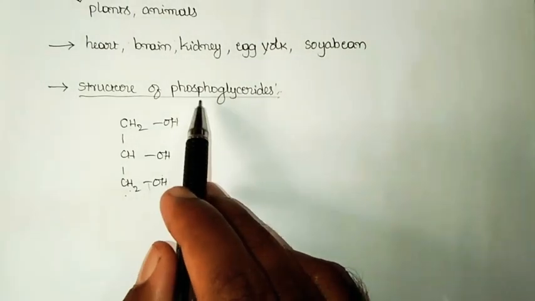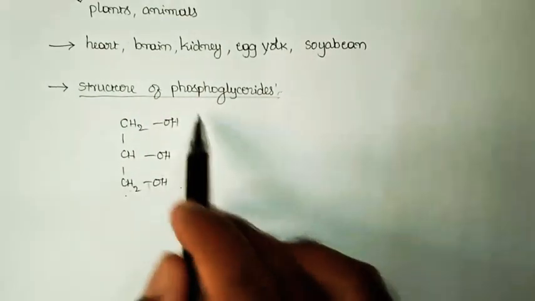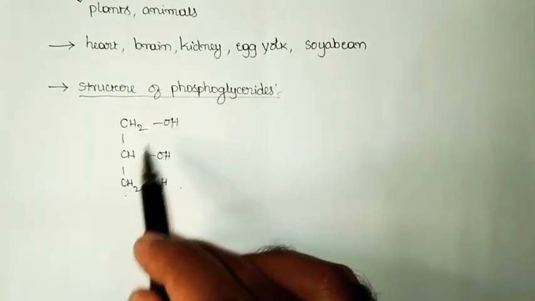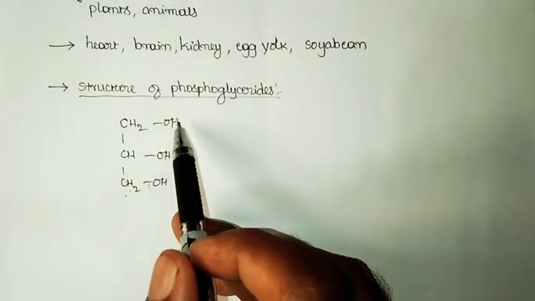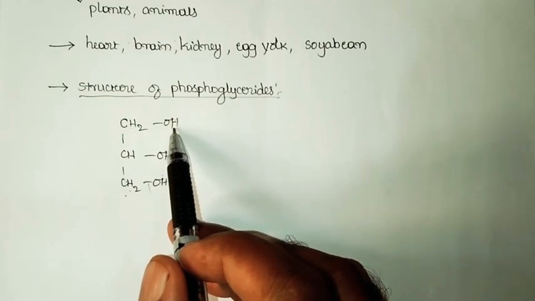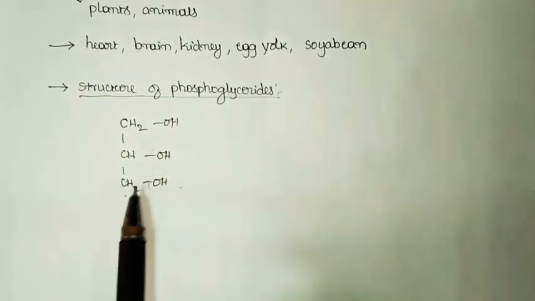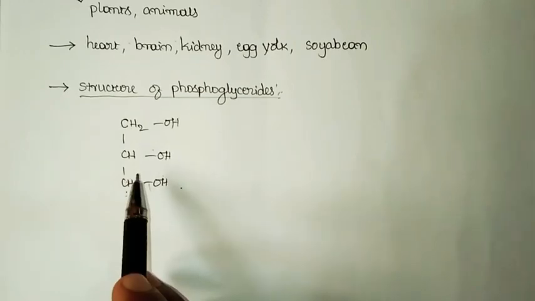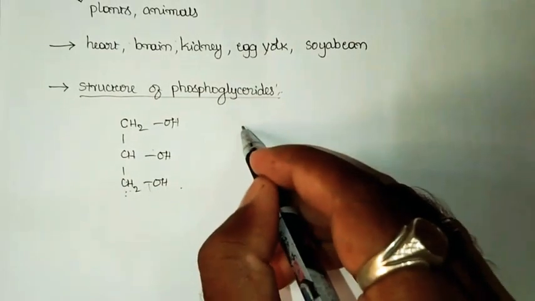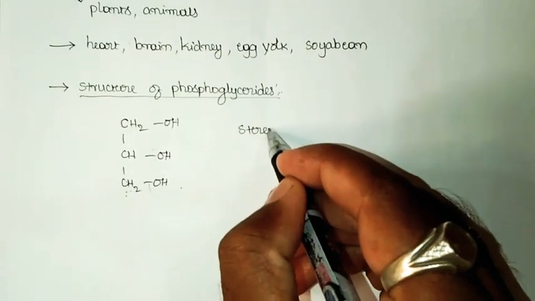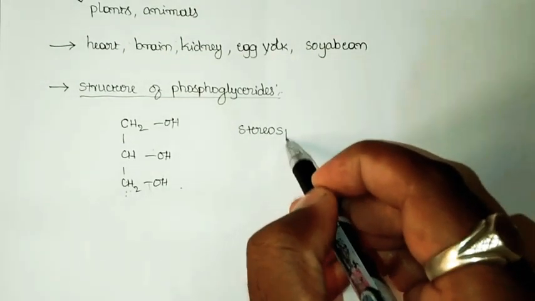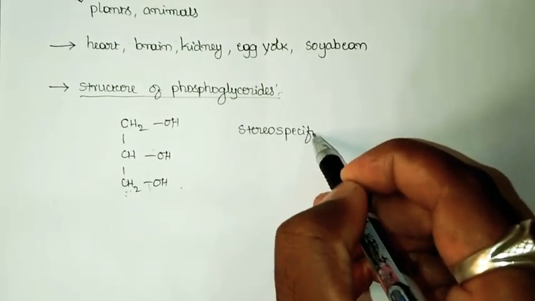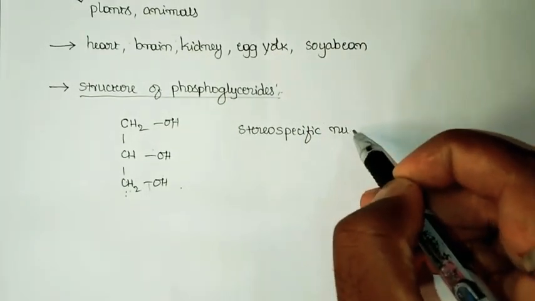So to give the exact name of a particular phosphoglyceride, we must say the exact position at which the phosphate group is present in the glycerol molecule. For that purpose, we use the concept of the stereospecific numbering system.